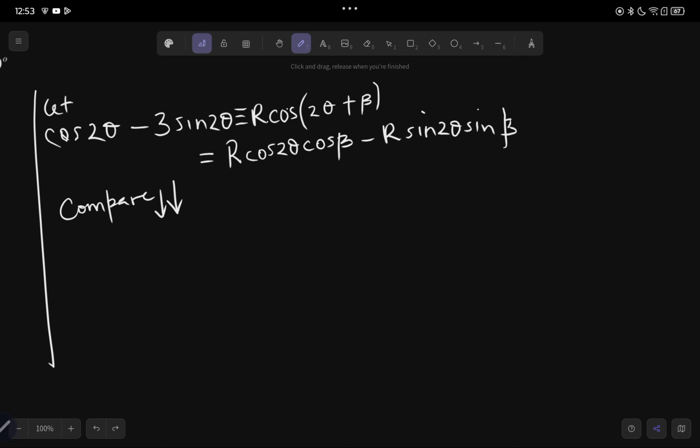In the interest of time, we shall get r as root 10. Then we get beta as 71.6 degrees.